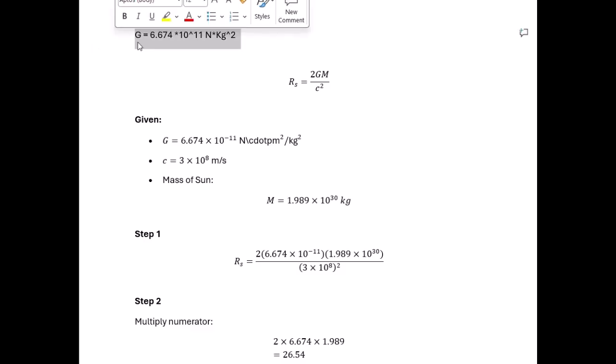So it's basically this. I am using Word because in a PowerPoint presentation we couldn't write the formula like this.